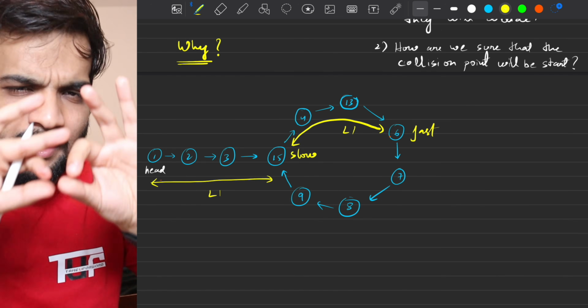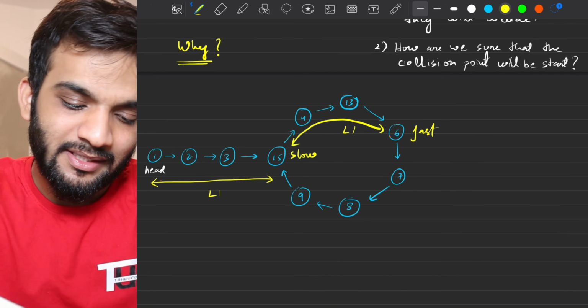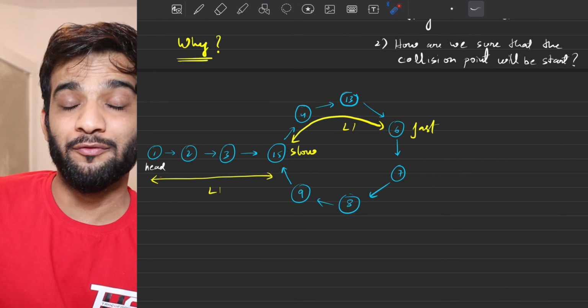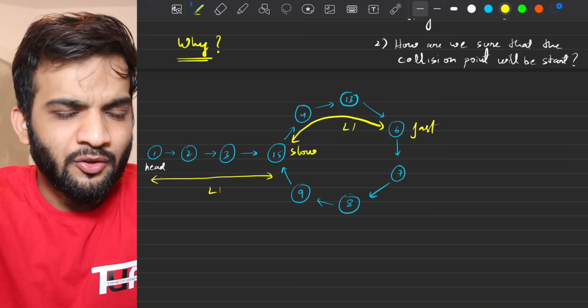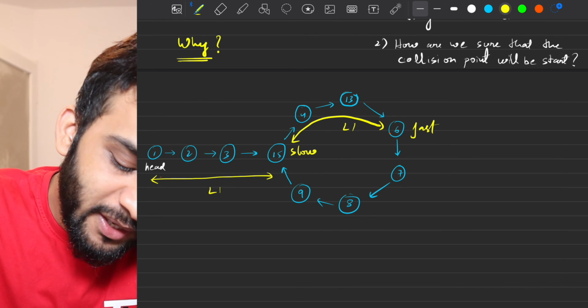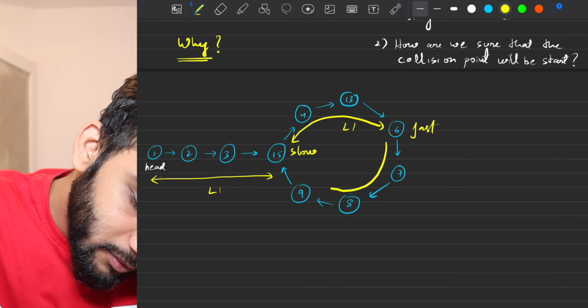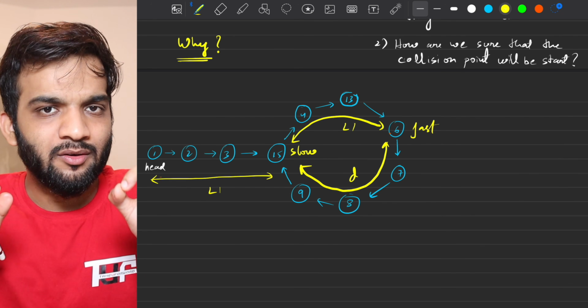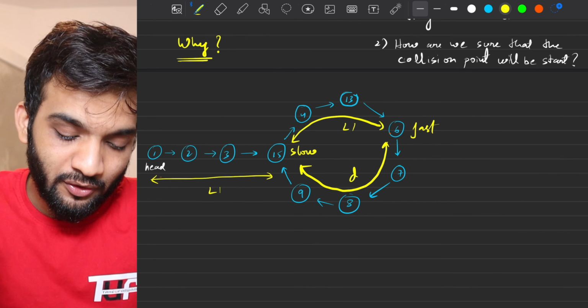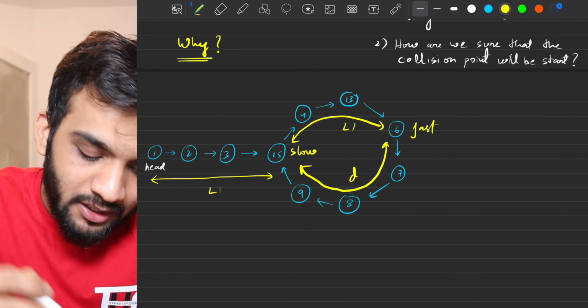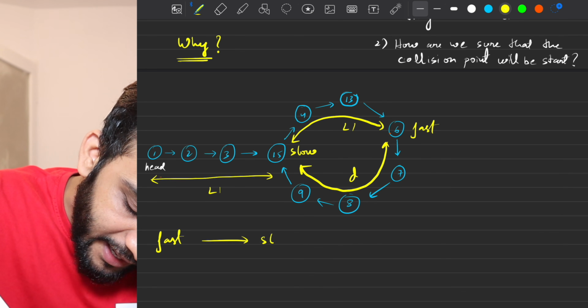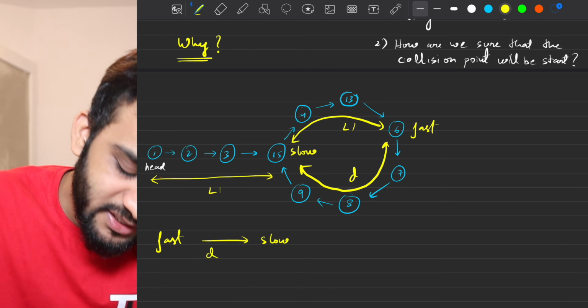So L1 and L1 are the same, because if this is 3, this will also be 3. Taken, rather than proved. So if I ask you, what is the distance between the fast and the slow pointer? Let's assume it to be D, as we did in the intuition of detection of a loop. So the distance between fast and slow is D.